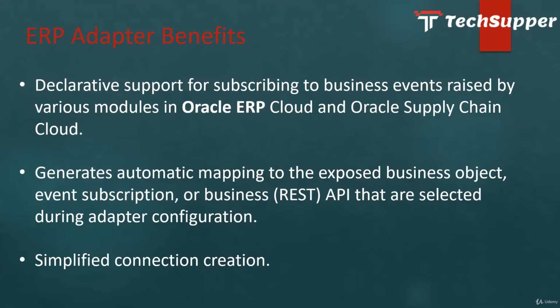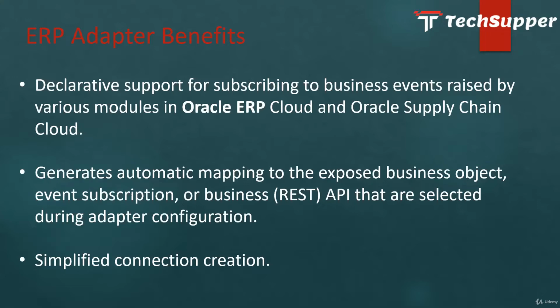The most important benefit of this is simplified connection creation. In the earlier version of Integration Cloud, in the ERP adapter, you needed to configure a couple of things like the service catalog WSDL, the event catalog, and then optionally the interface catalog.